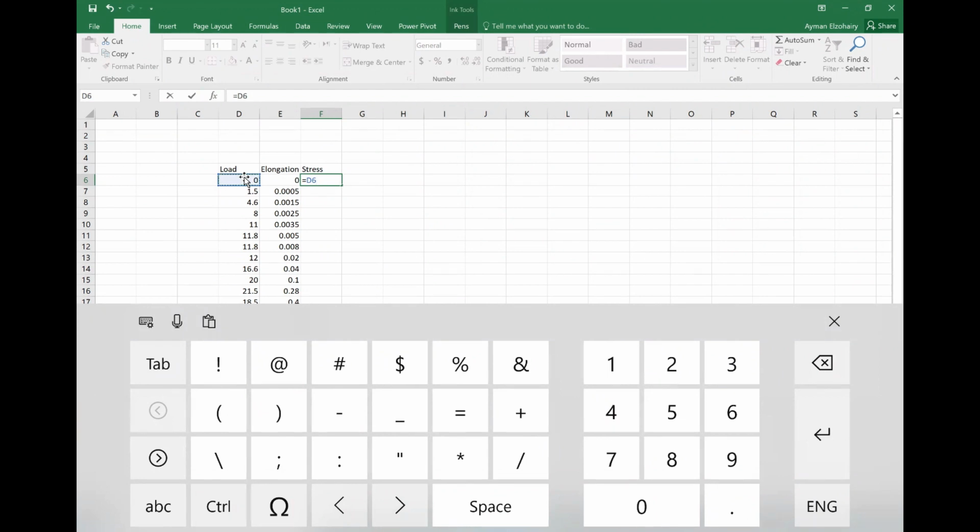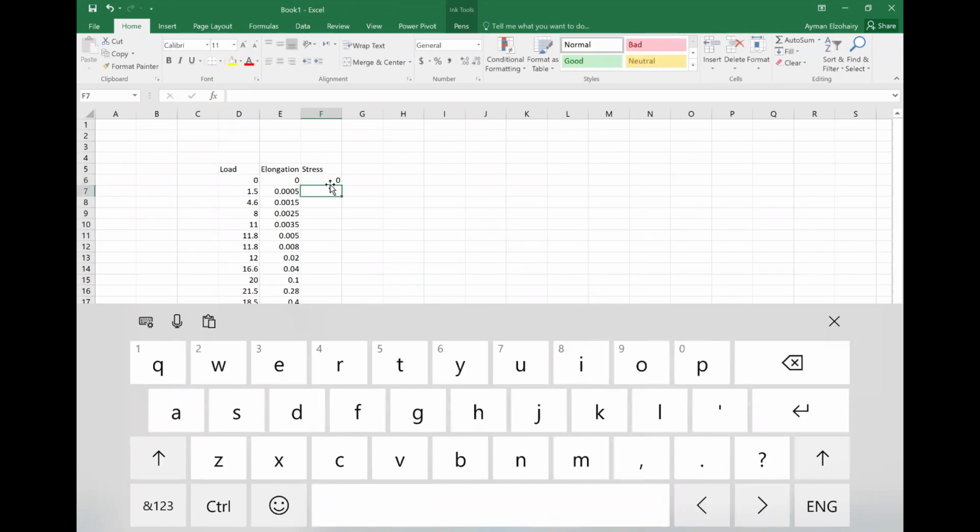I will not write 0, I will just click on this cell. It's written D6, where D is the column and 6 is the row. D6 divided by 0.199. Enter. There you go.